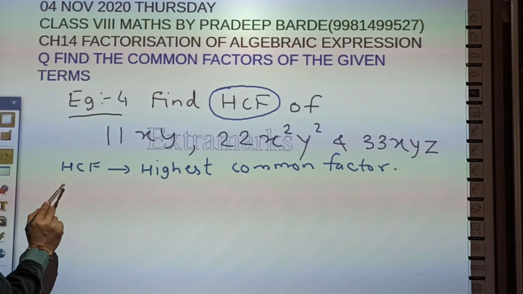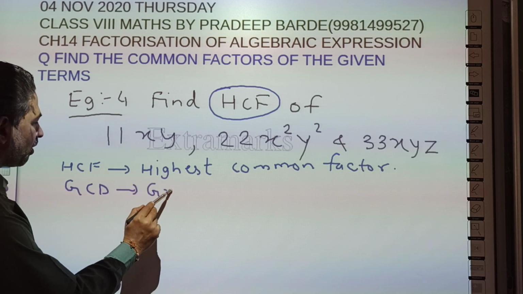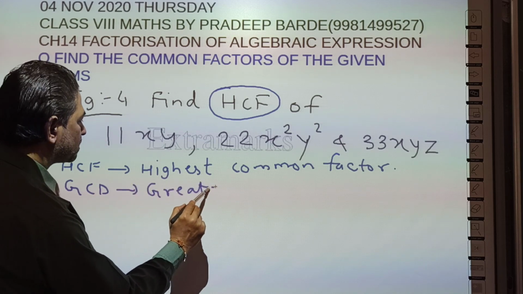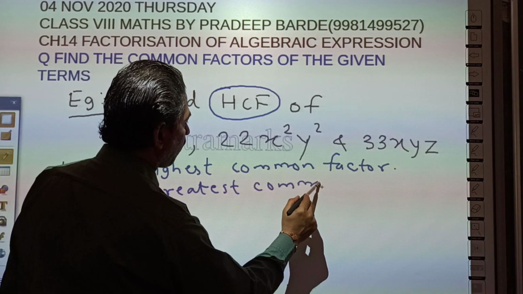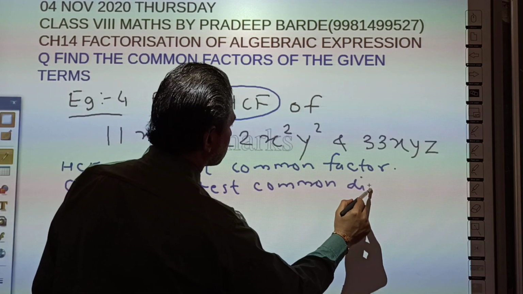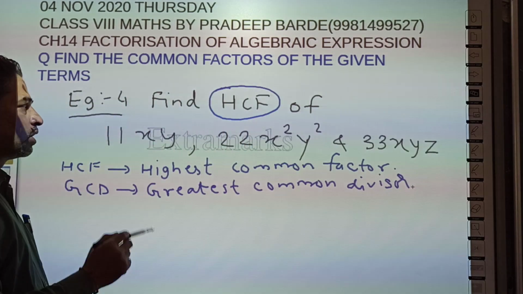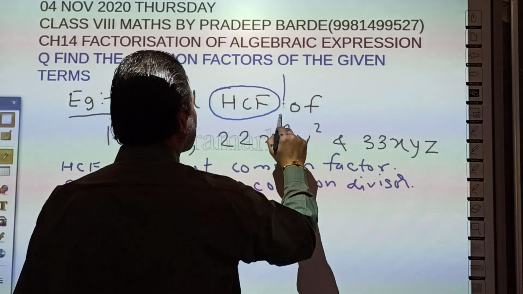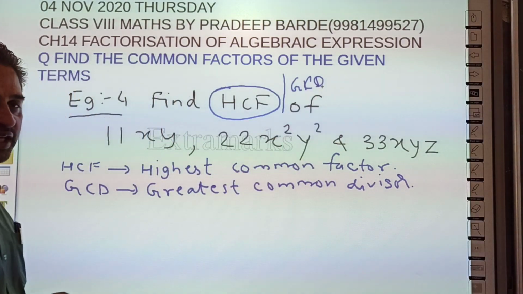It is also known as GCD. The full form of GCD is greatest common divisor. So find the GCD of the following expressions.